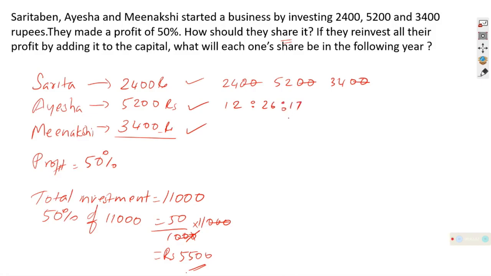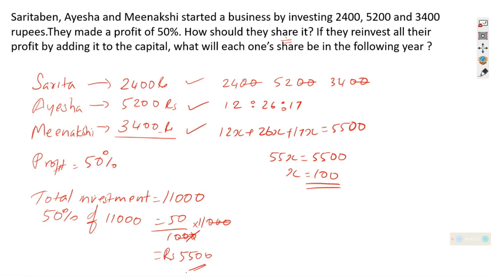This is their proportion. That means 12x plus 26x, like the earlier case, plus 17x is equal to 5500. That means 55x is equal to 5500. x is equal to 100.